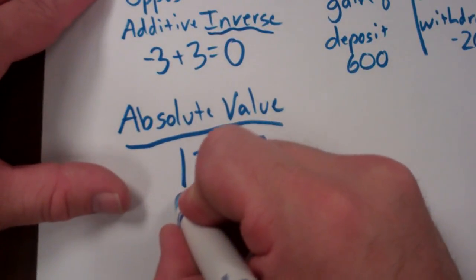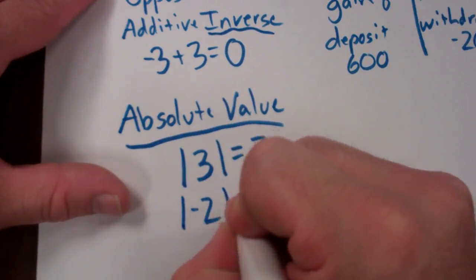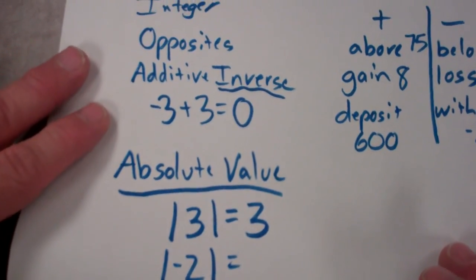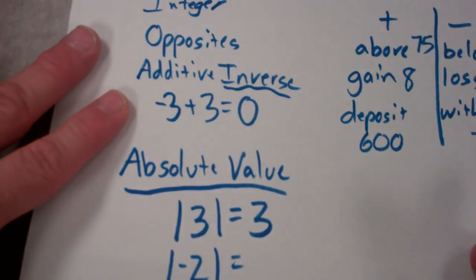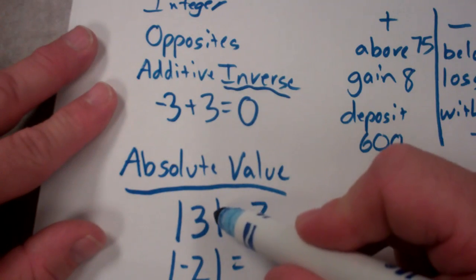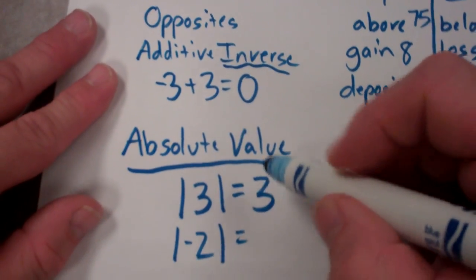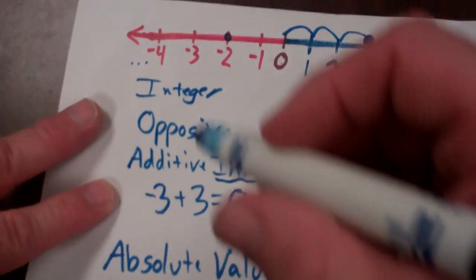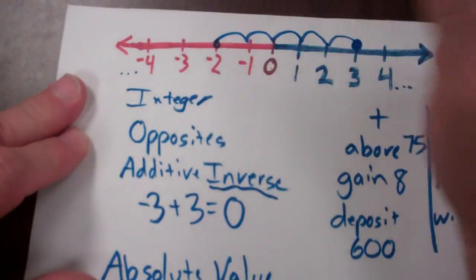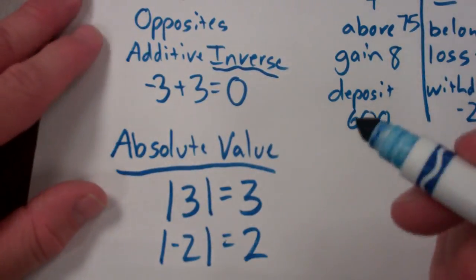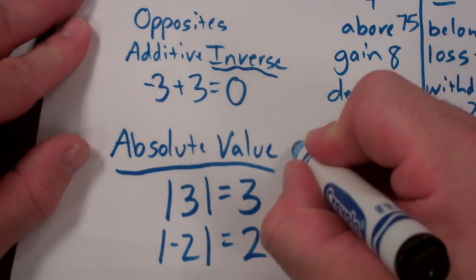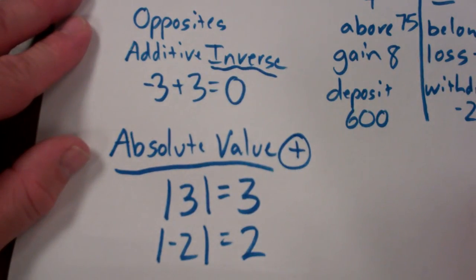The absolute value of -2. This is where it gets confusing for people. Remember, the opposite, you change the sign. This time I didn't change the sign when it was +3. The absolute value is +3. But how far is -2 from 0? It's 2 jumps away from 0. Every absolute value will be expressed as a positive number.